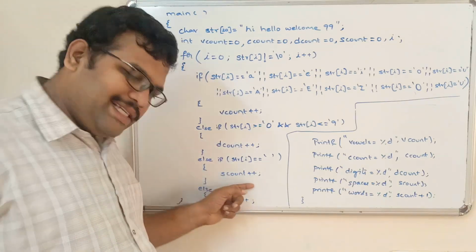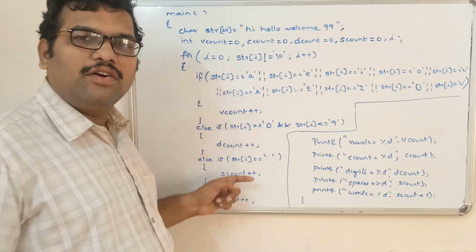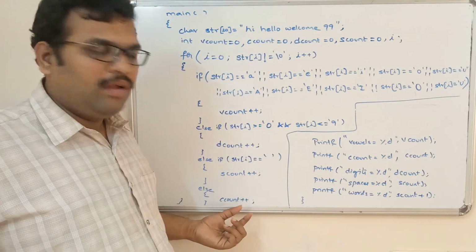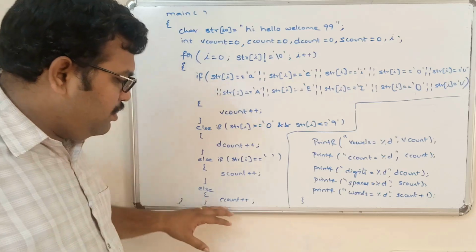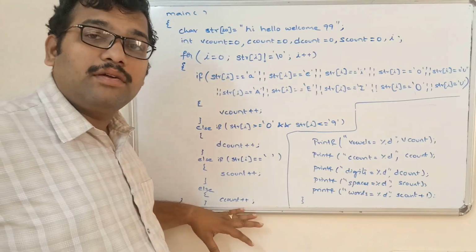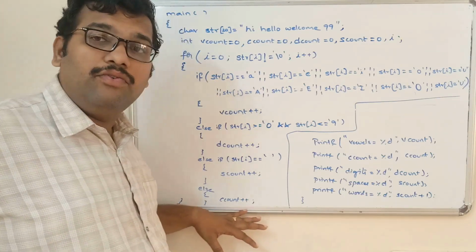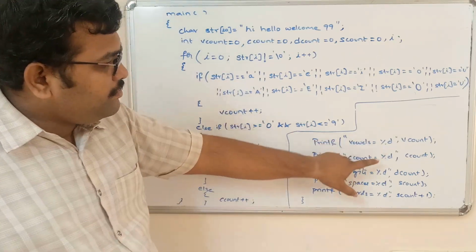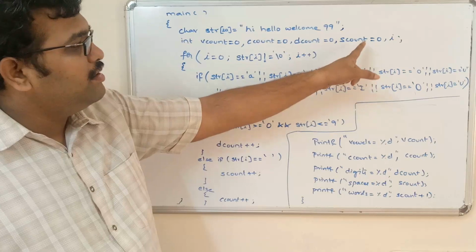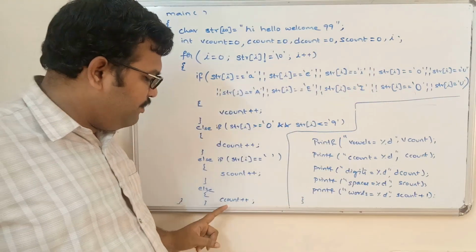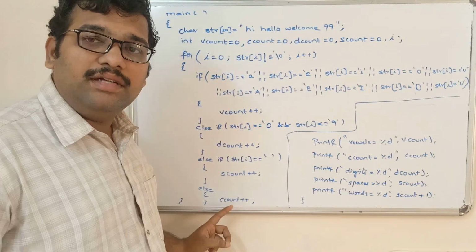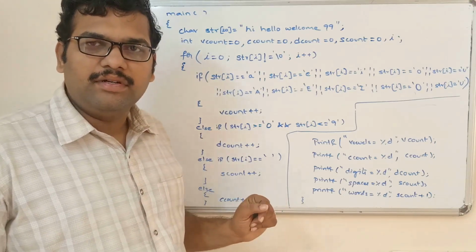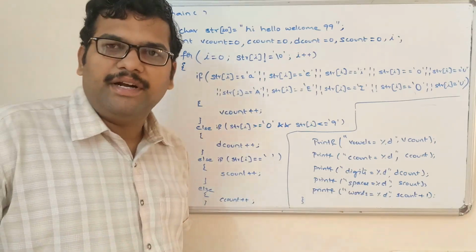So if this condition is also failed, automatically the character will be the consonant. So here C count will be incremented, and then just for getting the word count, S count plus 1 will give the word count. So that we have written in the printf section.